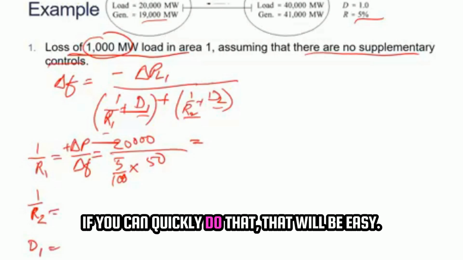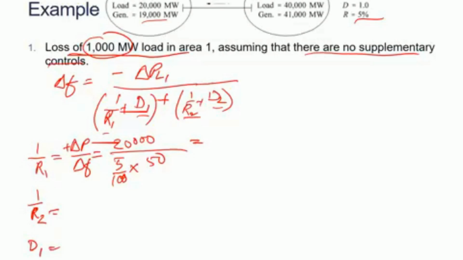If you can quickly do that, that will be easy. 8,000. Okay, the value is 8,000.